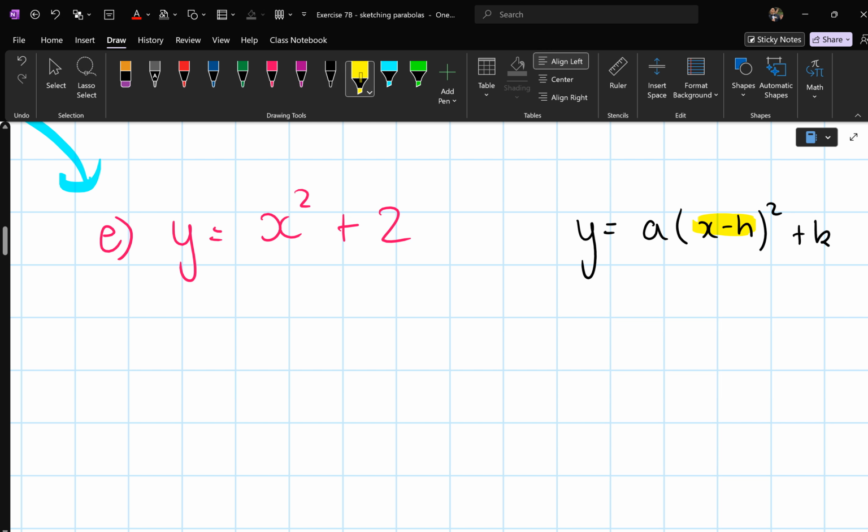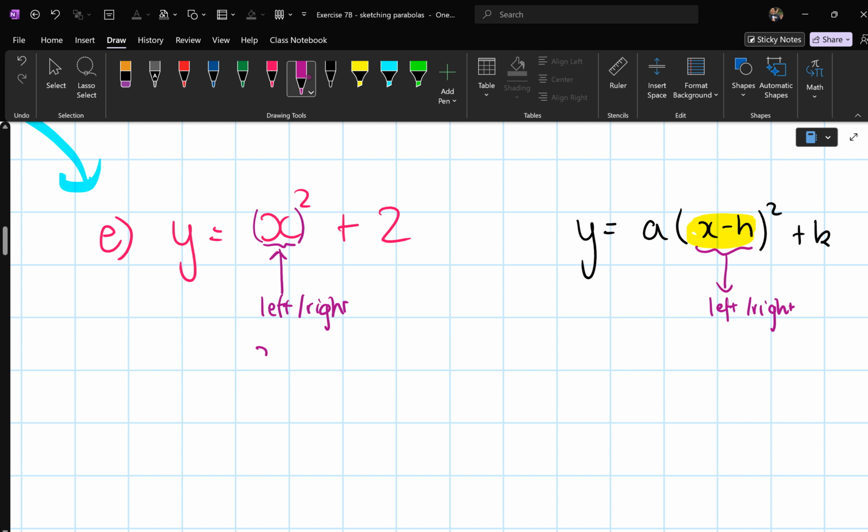The key thing is this is what determines left or right. I'm squaring the x. As I said in the class, let it equal 0. So in our case, it's x equals 0, which means no left, no right.